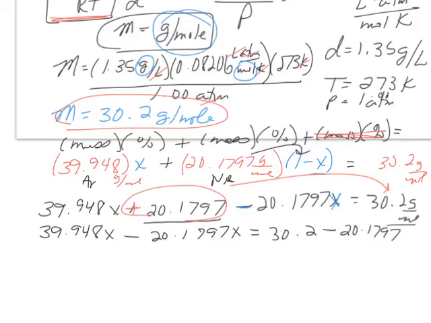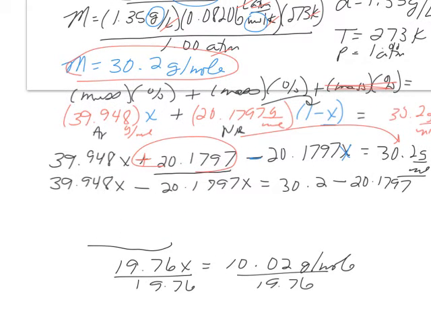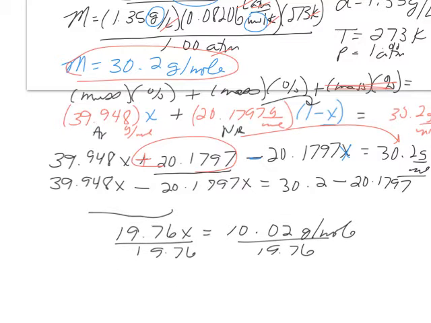And then you can subtract these two, and so you end up getting 19.76x equals 10.02 grams per mole. And then you divide both sides by 19.76, and the answer is 0.51 for x.